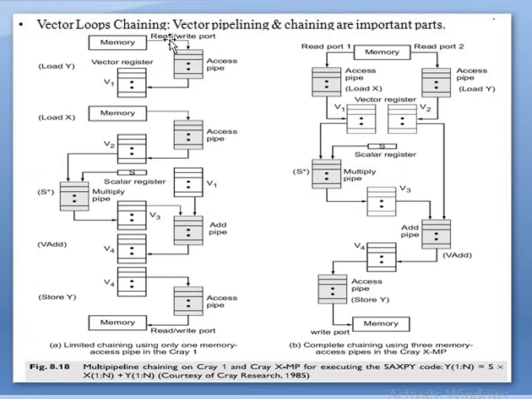So the memory 1 read port will collect load y from the memory, since it is allowed to fetch only one at a time because it is limited, so x is loaded a second time separately. Then x is multiplied with s, which is a scalar, hence a magnified vector is generated.